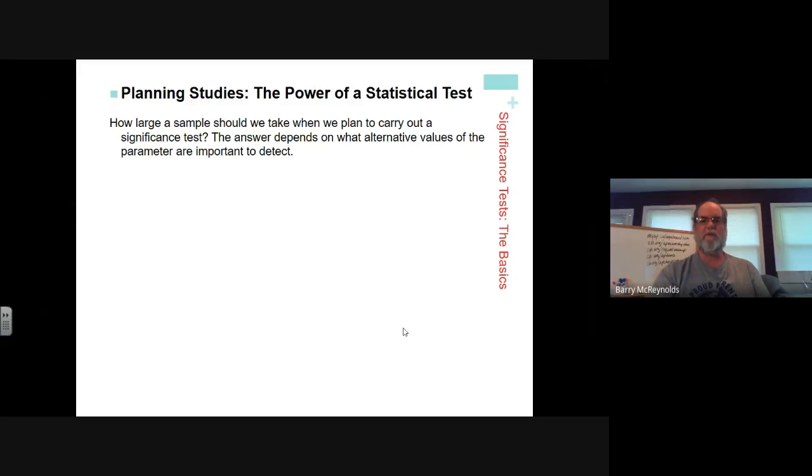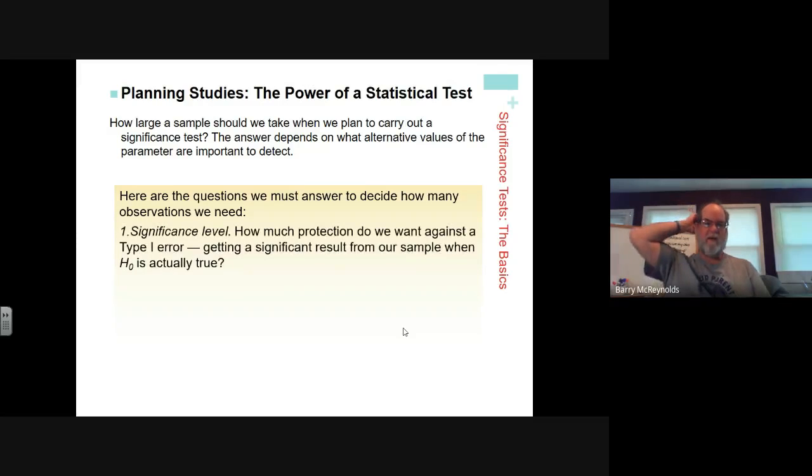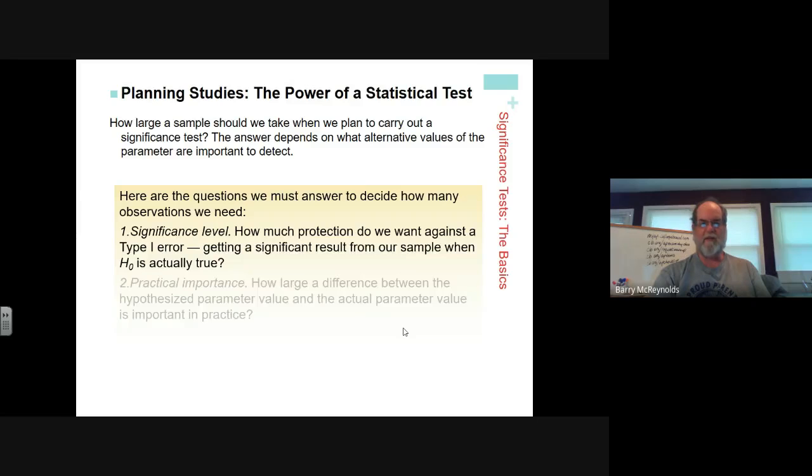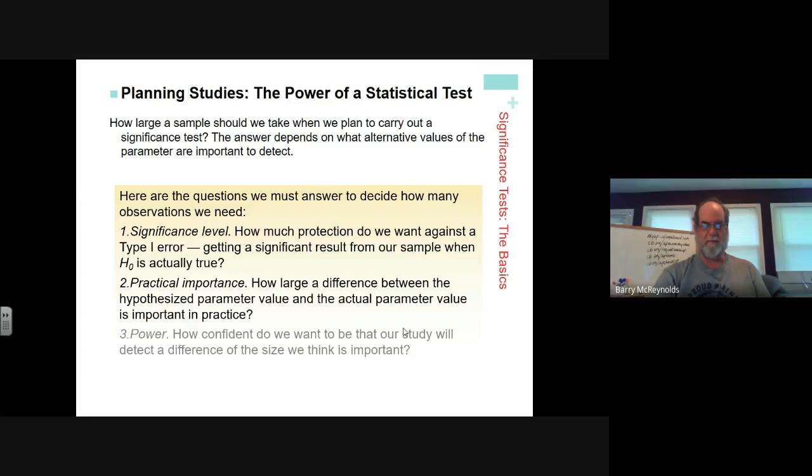Well, what's the drawback to that? Everything is kind of in balance here in statistics. You can get 99% confidence, but it's going to cost you something. And that cost is how many samples do we really, really have to take?